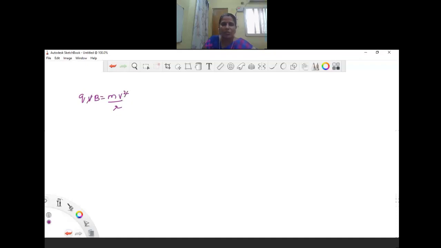So we can write qB is equal to mv by r, or we can also write that velocity v is equal to qBr by m. And from this we can calculate r, that is the radius. Radius is equal to mv divided by qB.